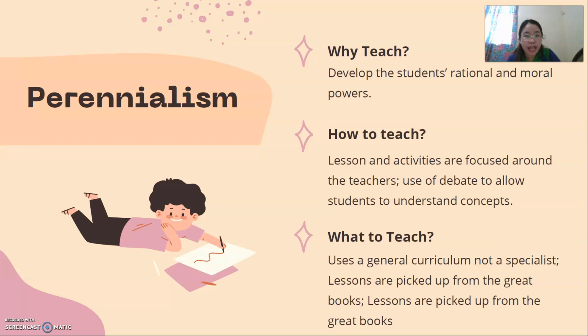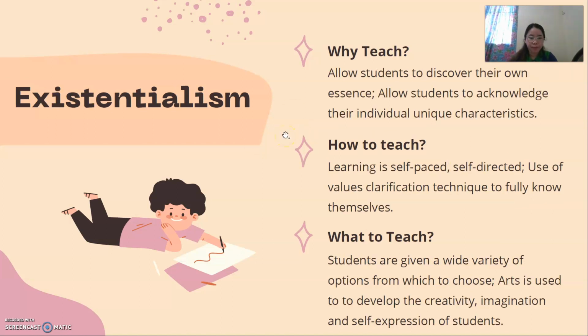The children do not have the choice to choose the lessons that they are going to have. So perennialism is a traditional approach. It focuses on the development of the child through the teacher giving only what he or she wants to give. Again, perennialism, traditional method.